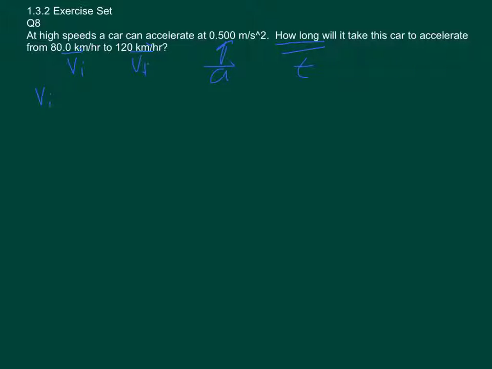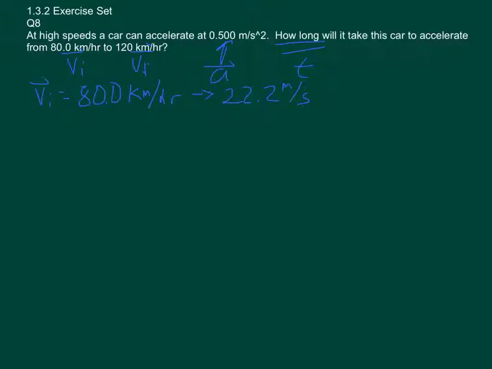Velocity initial. Got some converting to do. It's 80.0 kilometers per hour. We're going to convert that. We've converted it before. That's 22.2 meters per second. Some of these you'll remember after a while.